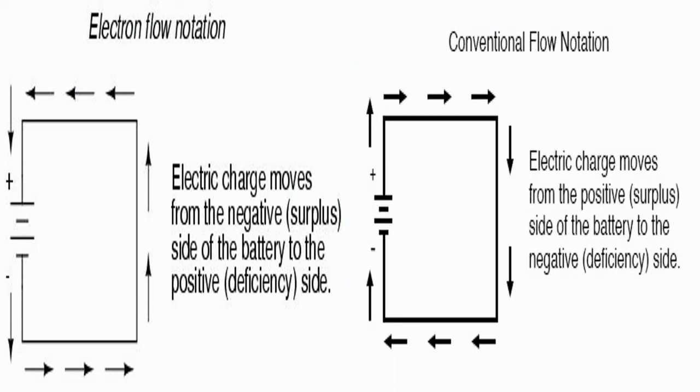We have also learned about electron flow and conventional current flow. And we need to keep in mind that electrons flow from the negative terminal of the battery to the positive, whereas the conventional current flows from the positive terminal to the negative terminal of a circuit.